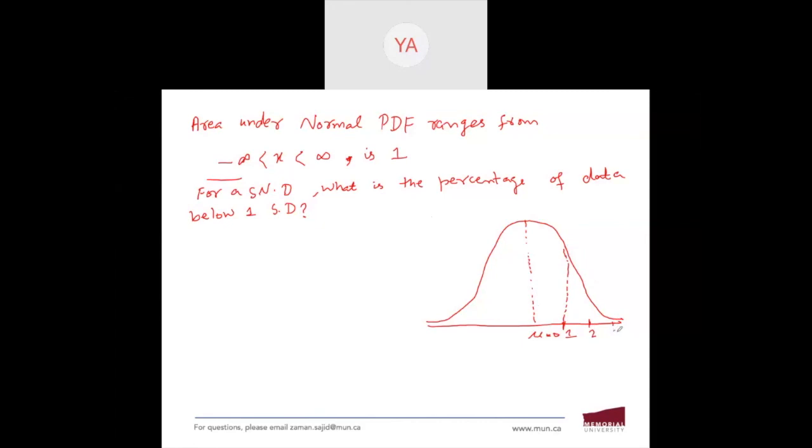And on the left side, 1, 2, and 3 standard deviations below the mean. So if this is my 1 standard deviation, it is asking us to find all this area.